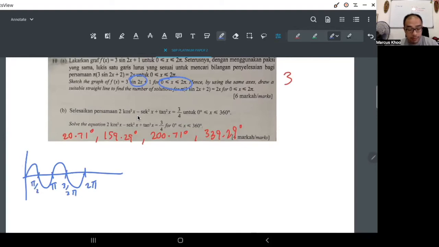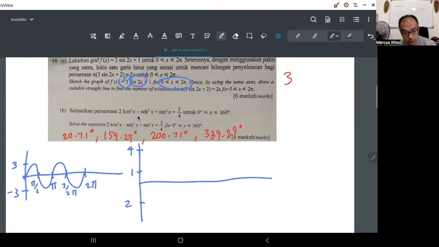And then the biggest number is 3. So this is 3 and negative 3, but there is a plus 1. So plus 1 means the graph naik ke atas kan? Okay, so instead of starting at 0, it starts at 1. And instead of the highest is 3, the highest now is 4. And the lowest now is 2.